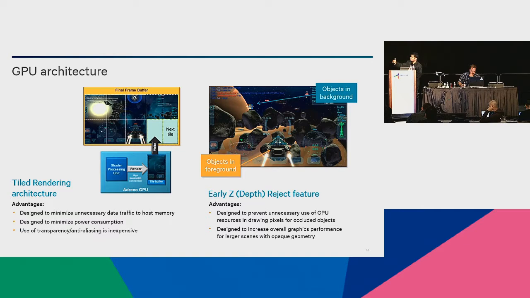If you draw in that order, some of the pixels, for the skybox for example, that are behind the planet or rocks and not visible, you give the GPU a chance to completely eliminate processing. That's an advantage that even PCs and consoles have today, and we support the same feature. So it's very important to remember to always draw from front to back. Always draw first the object that is closer to the camera.